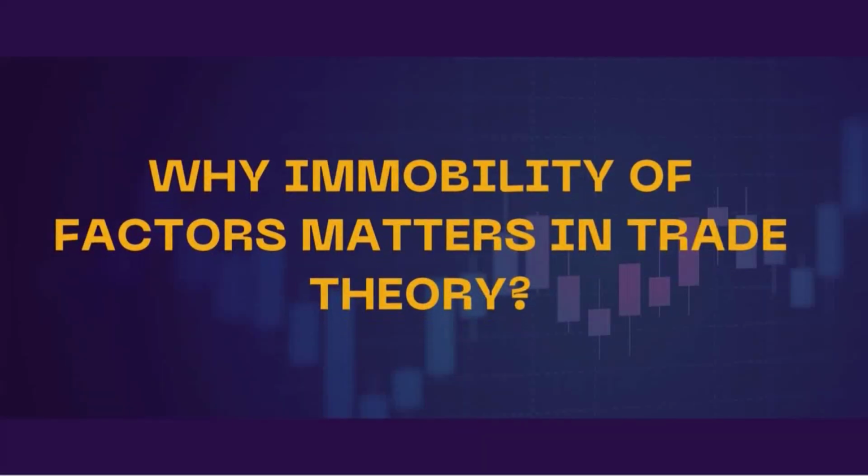Now, we'll try to answer the question of why immobility of factors matters in trade theory, because that is why we need a separate set of theory in the case of international trade. We'll just give the gist of that in this lecture.